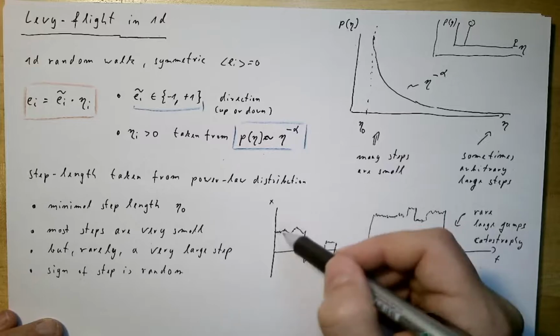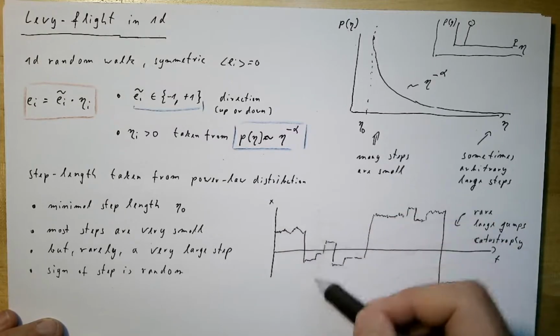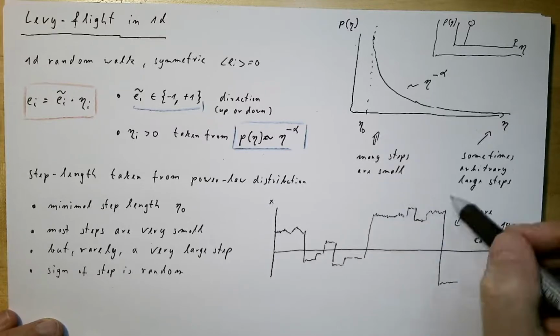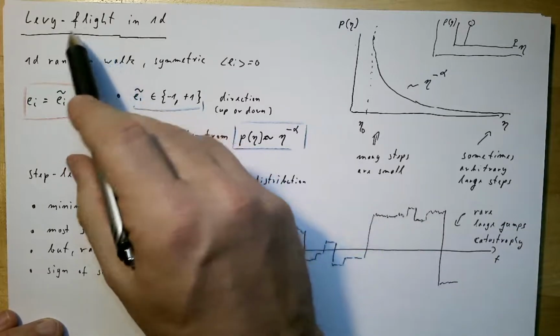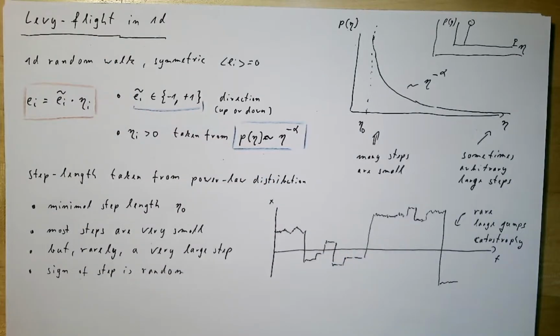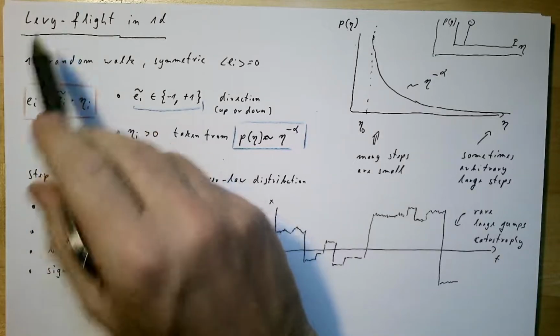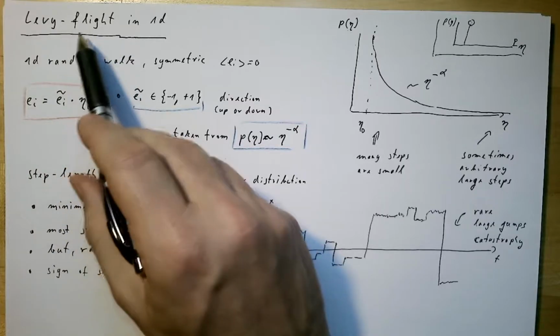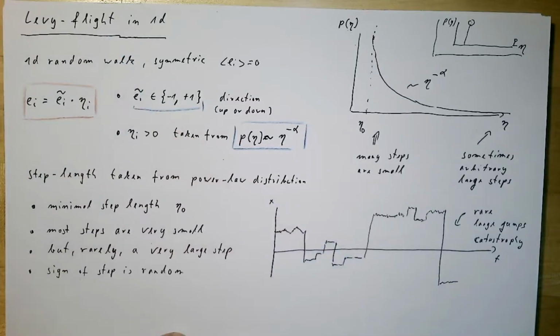It is like an animal which is hopping sometimes, then it's more or less walking again, but then it can hop. And this hopping kind of behavior is why the term flight is used. We will also see there are other versions of Levy kind of random walks. There will also be Levy walks, and in a Levy walk we don't have these jumps, but we will come to this.